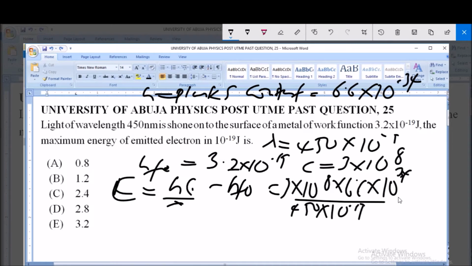Then minus 3.2 times 10 raised to the power of minus 19. This 3.2 times 10 raised to the power of minus 19 is the work function of the metal.